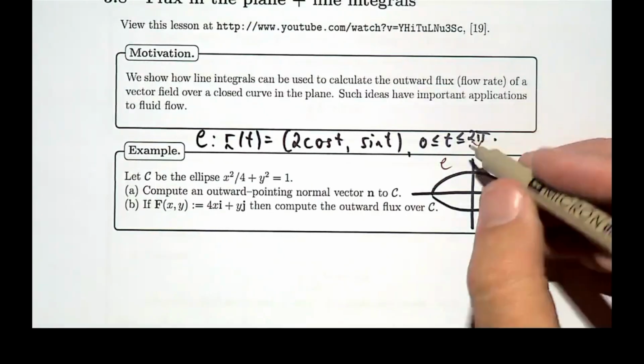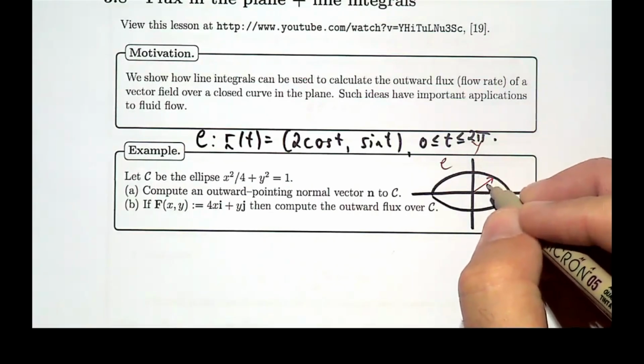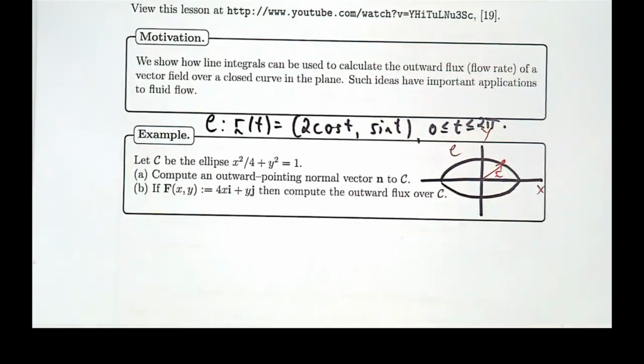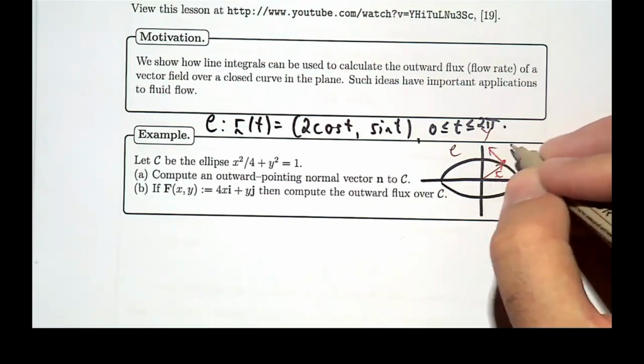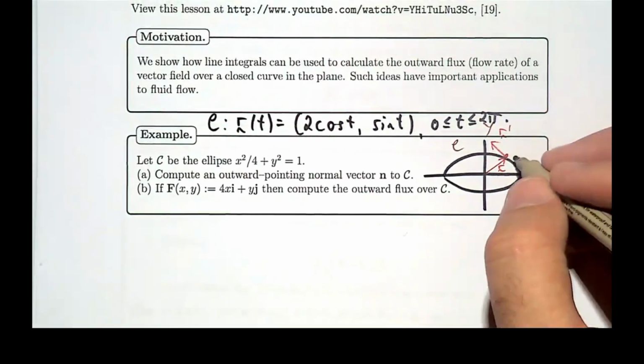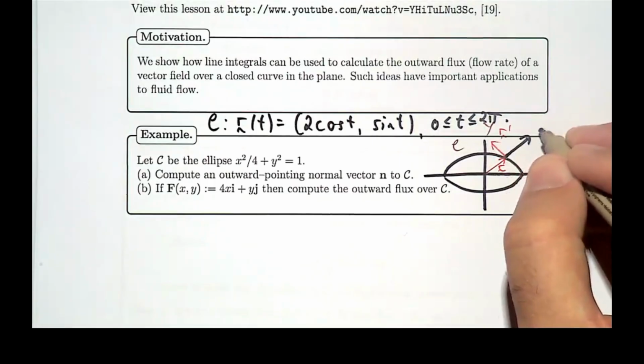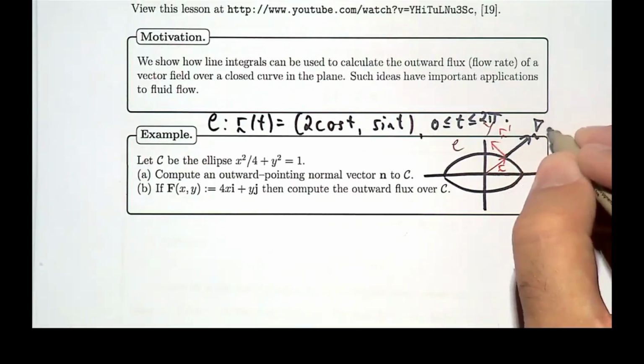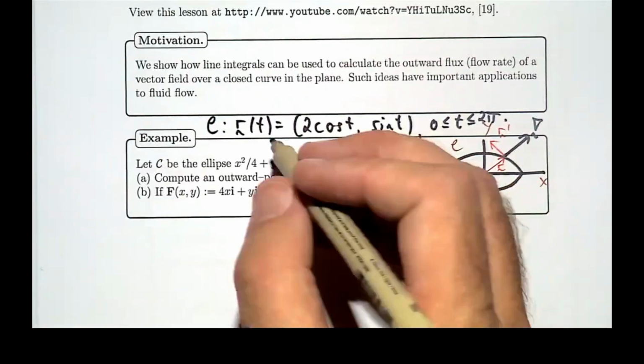So I'll go up here, that's my r vector, and there's a point. Compute an outward pointing normal. There's a couple of ways of doing that. One way is to compute the tangent vector and then cross it with something. But another way is just to use the gradient.